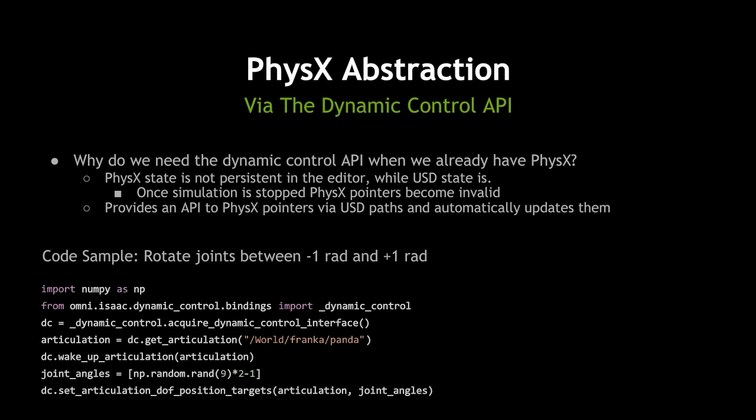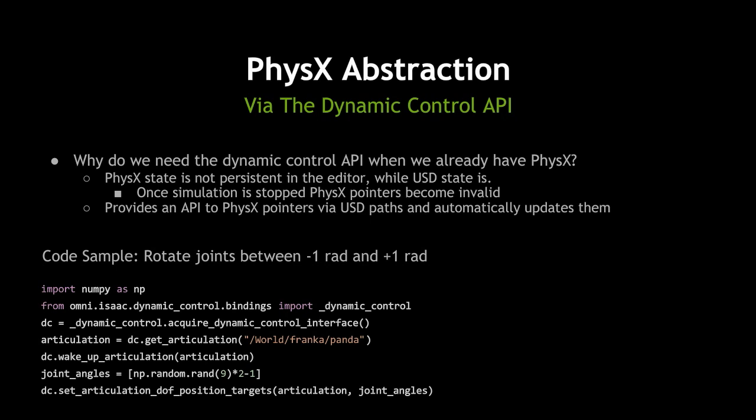And whenever the PhysX pointer underlying it changes, it is automatically updated, and things will continue to work without any trouble. Now, at the bottom of the slide, I'm providing a pretty simple code sample. The one thing I wanted to point out is that the path that I have for the get articulation call is a path that you'd find in the stage window. Generally, everything is organized under a root X-form prim called world, which usually has a 0 transform.